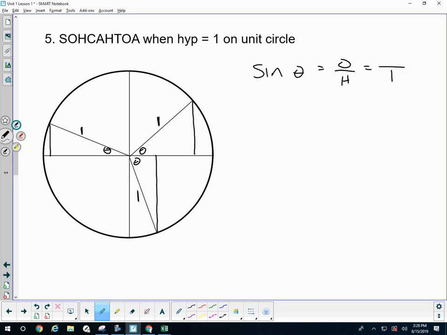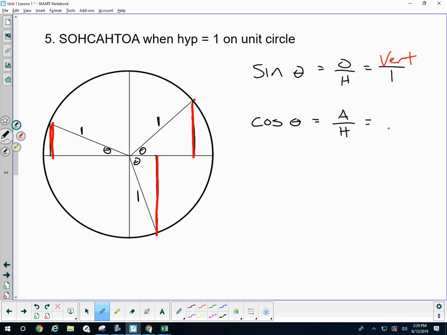Okay, so that's good. I don't have to worry about the hypotenuse because dividing by 1 doesn't change anything. The opposite side length is always the vertical distance of my triangle that I create, or the vertical distance getting to the points that my angle is producing. That's key. If I look at the cosine, for all of these angles, cosine is adjacent over hypotenuse, right?